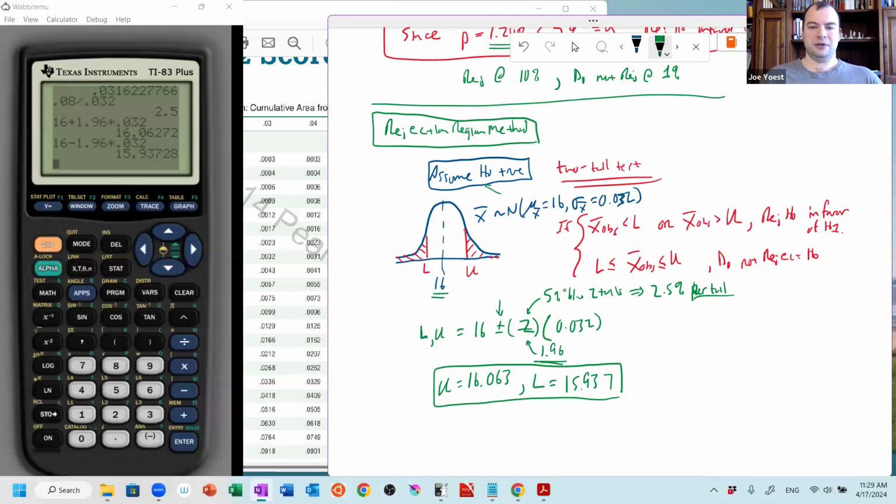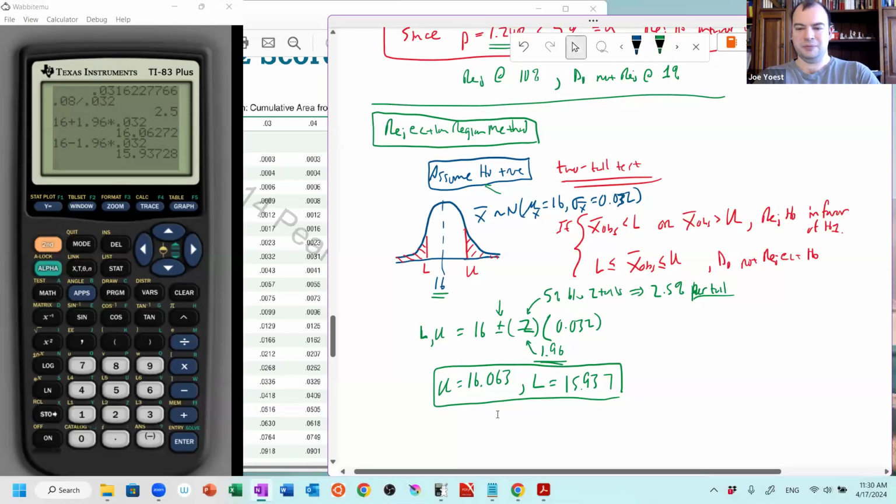If X bar observed falls between these two numbers, then it's close enough to 16 that it could reasonably just be due to sampling error, and I don't have evidence that would suggest I shut down the machine. It's not right on 16, but I wouldn't expect it to be with sampling error. It's not indicative of something underlying that's wrong.